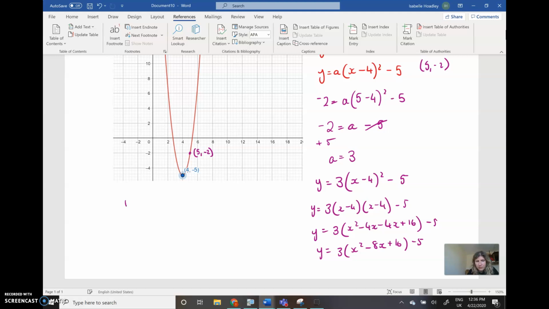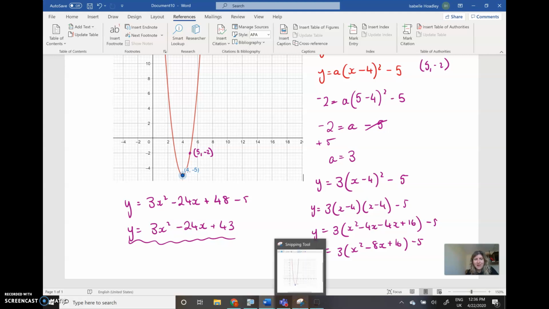Now we can multiply all of this by 3. We get 3x squared minus 24x, plus 3 times 16, which is 48, minus 5. 48 minus 5 is 43, so plus 43 on the end, and there is our equation.